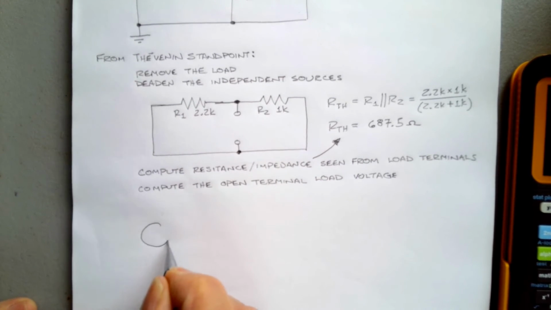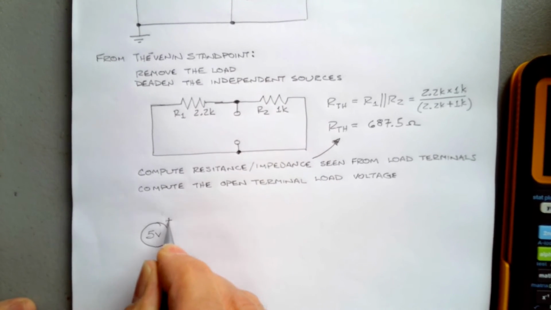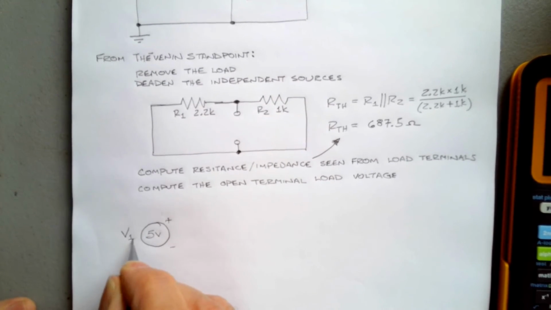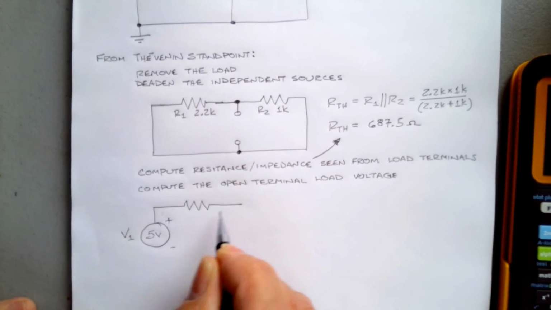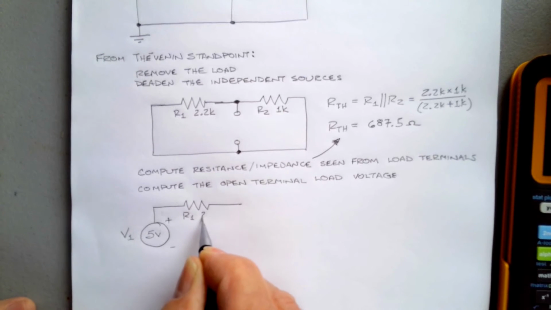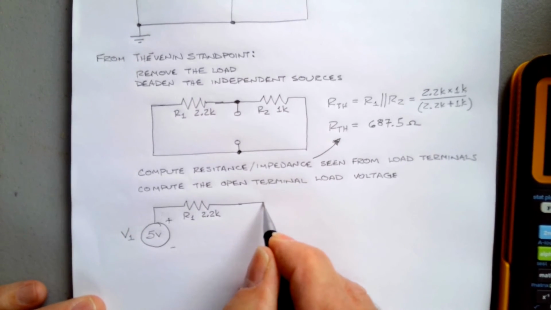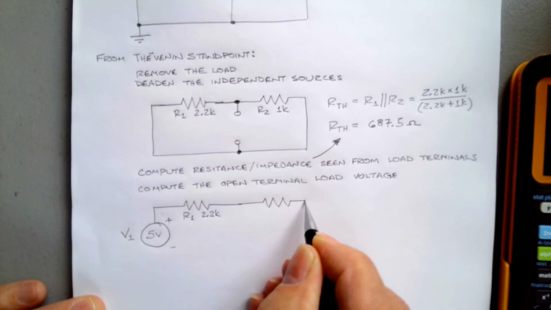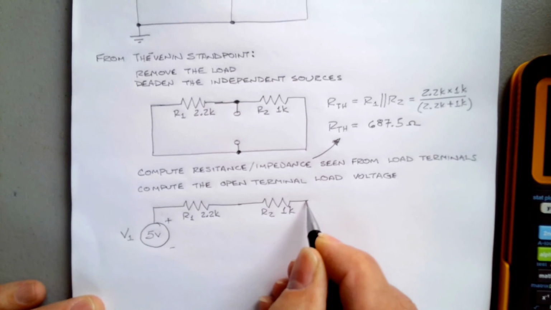So now, I'll put the power supplies back in. I've got 5 volts here, and I've got R1, which is 2.2K. And then we've got R2, which is 1K.